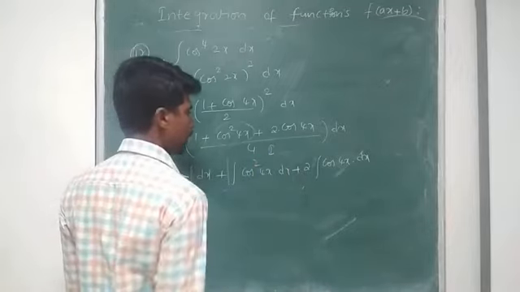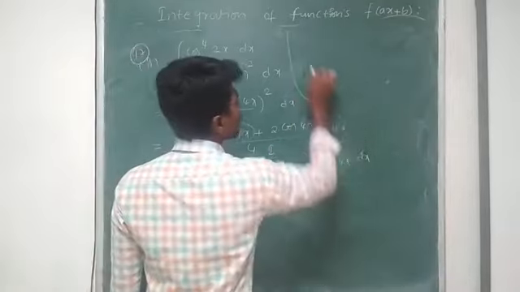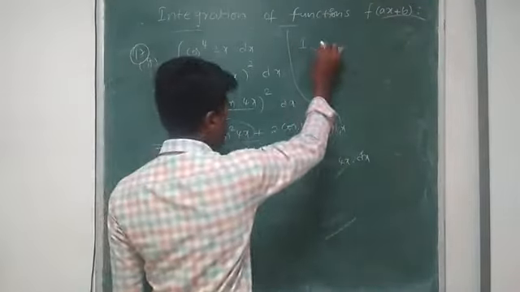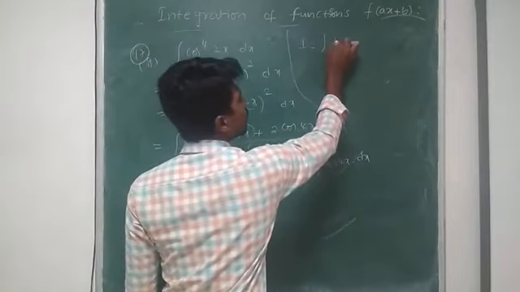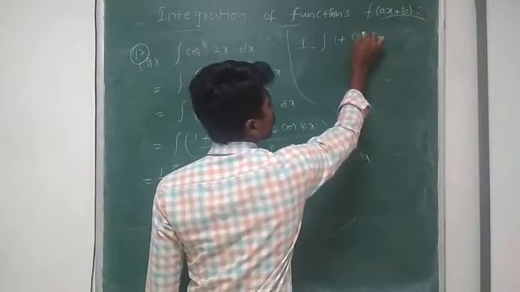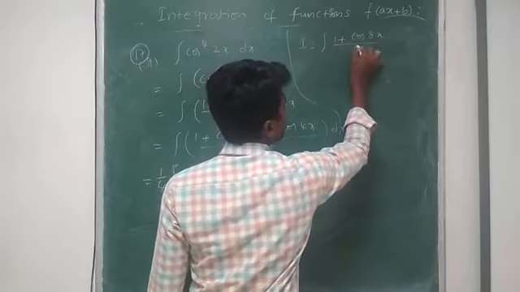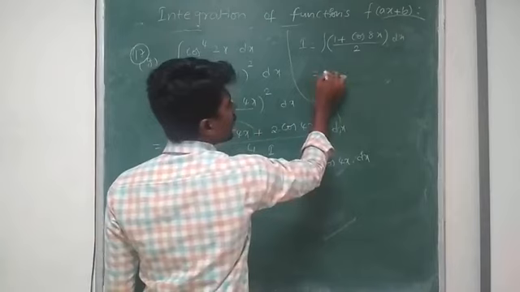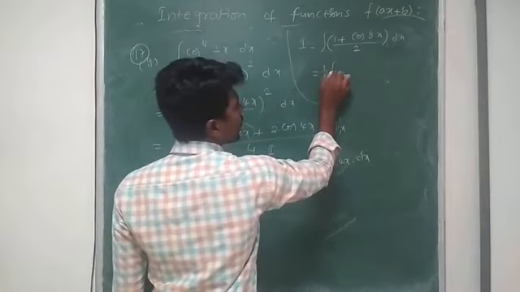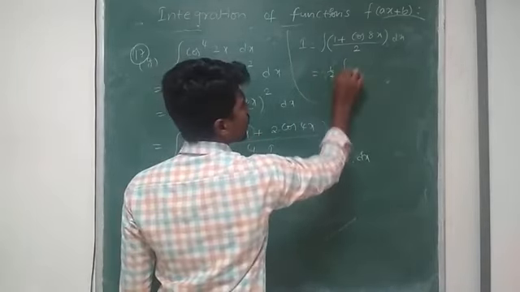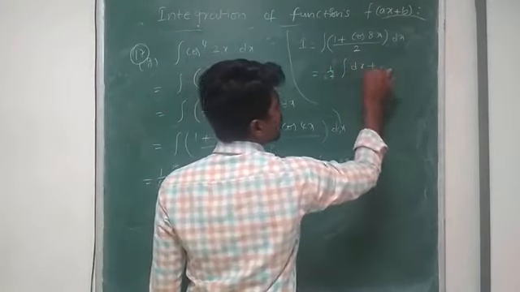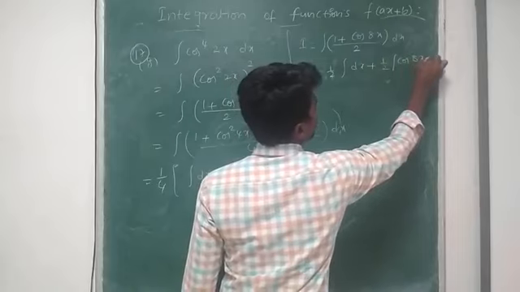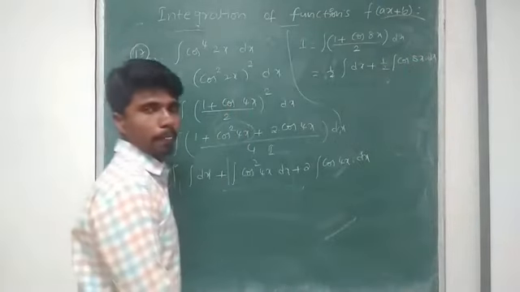I want to find this one separately. If I take this as I, so I is equal to the integral of cos square 4x dx, which I can write as the integral of (1 plus cos 8x) by 2 dx. So I get 1 by 2 into the integral of dx plus 1 by 2 integral cos 8x dx.